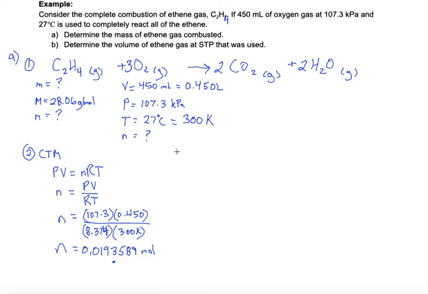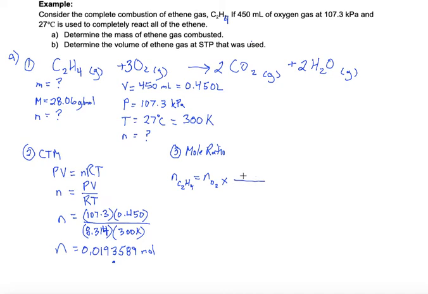So we've got our moles. The next step now is to do the mole ratio. So for my mole ratio, I want to find number of moles of C2H4, and I know that's just the number of moles of oxygen times my conversion factor, which is the ratio in the balanced chemical equation.